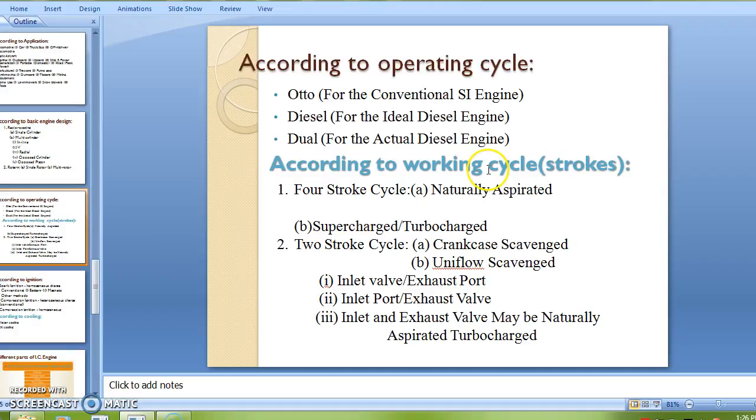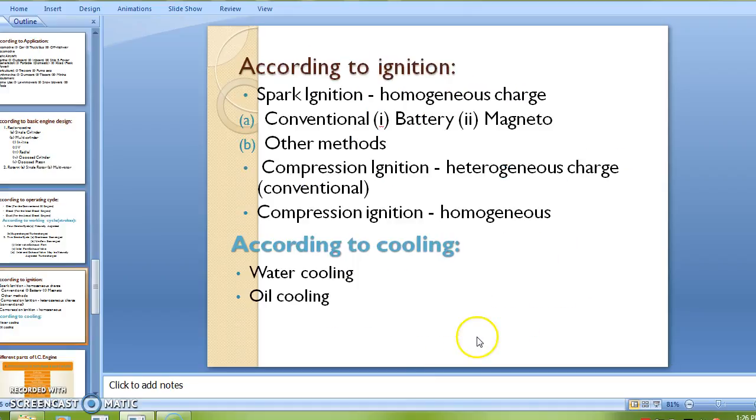According to working cycle, meaning according to the strokes: 4-stroke cycle, naturally aspirated; second one is supercharged or turbocharged. And then the second main type is 2-stroke cycle, which is classified as crankcase. Second one is uniflow, and this uniflow scavenge is classified as inlet valve, inlet port, and inlet and exhaust valve, which may be naturally aspirated or turbocharged.